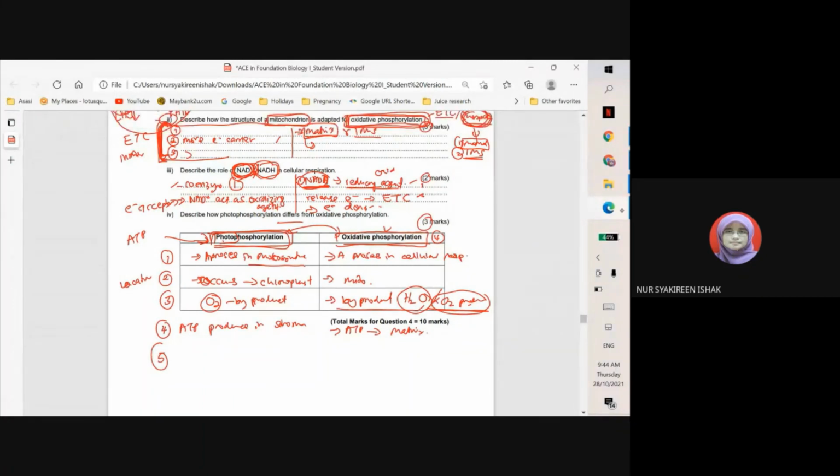Kalau photophosphorylation, maybe you have reach to this photophosphorylation part of photosynthesis.